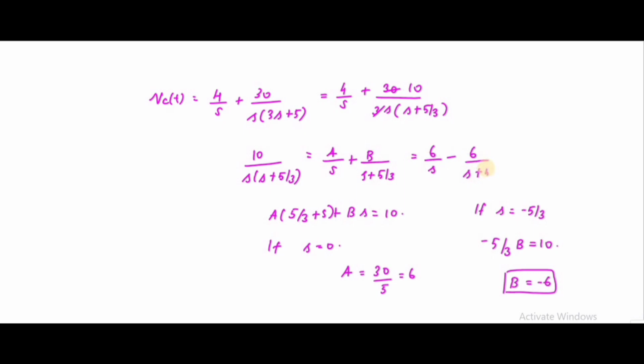Okay, this 10 divided by s is from the above equation. So 4 by s plus 6 by s minus 6 divided by s plus 5 by 3. So I can write this Vc of s. It is not in time domain. So Vc of s is equal to 10 divided by s.